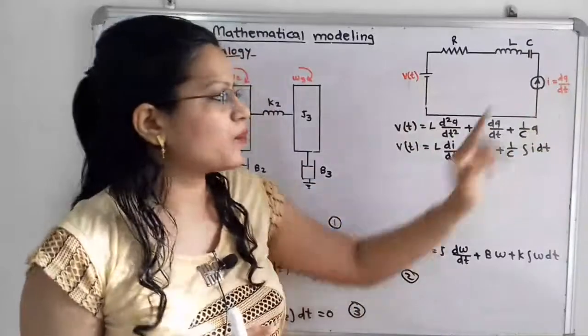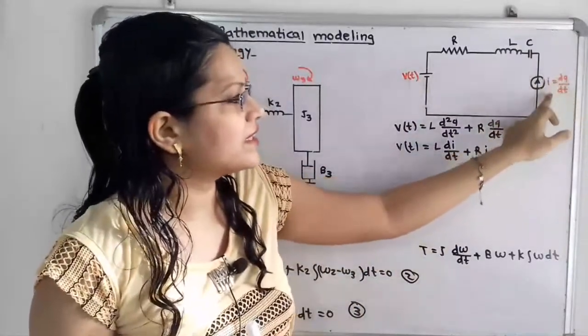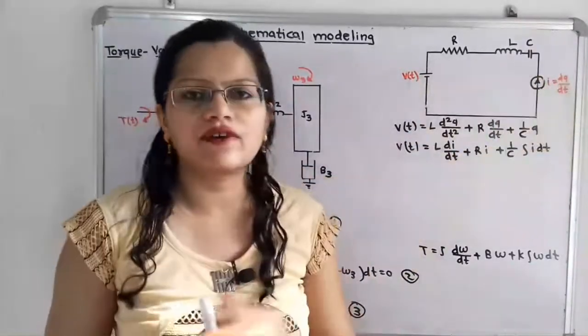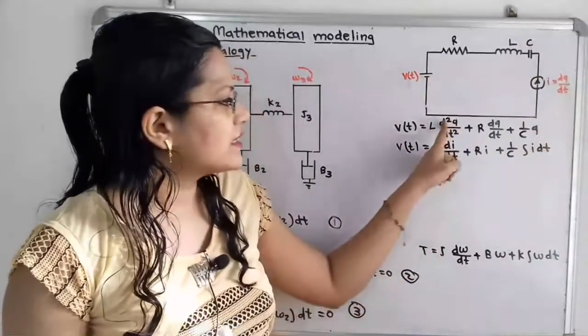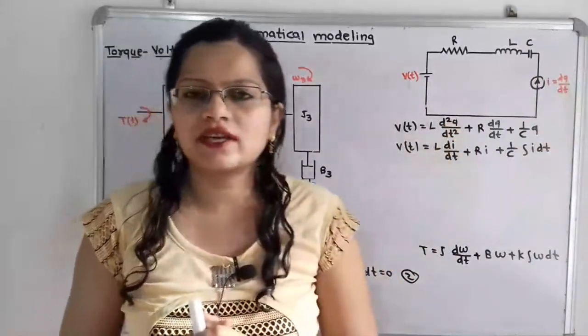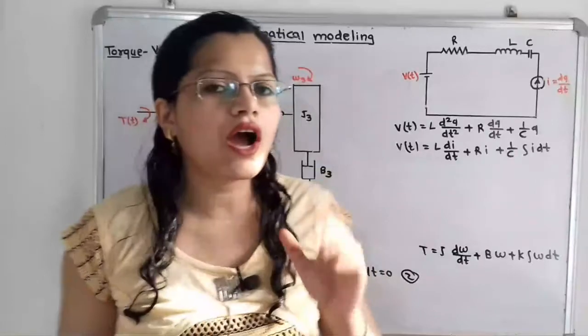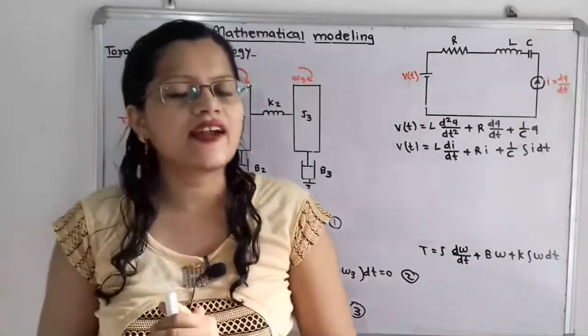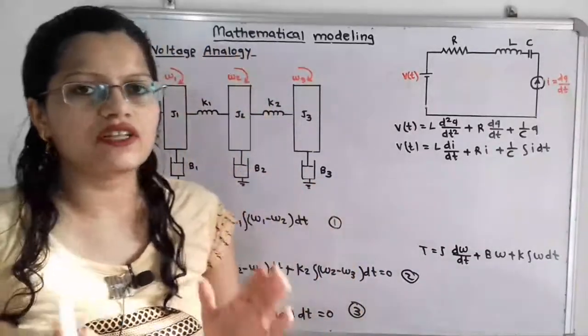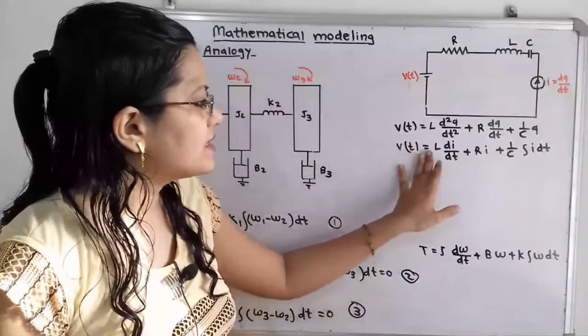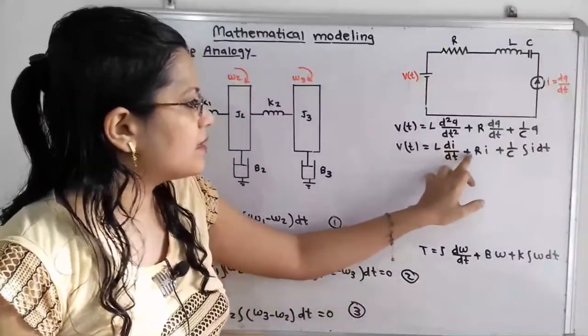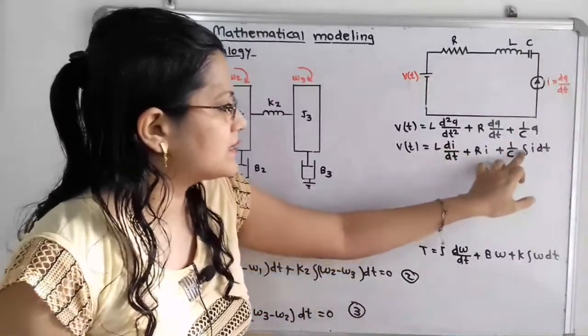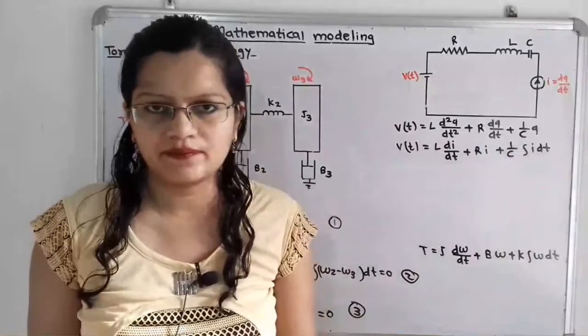If I take integration on both sides, then integration of I dt is equal to Q. And d square Q by dt square is di by dt. So the new equation in terms of current I is V of t is equal to L di by dt plus Ri plus 1 by C integration of I dt.